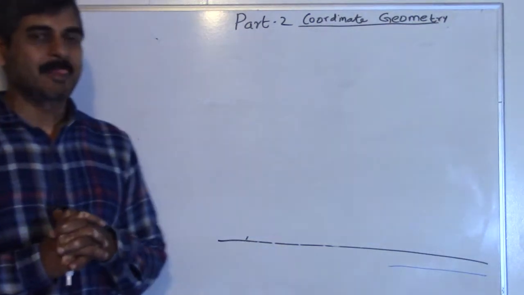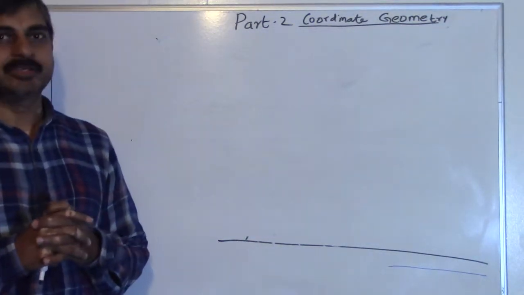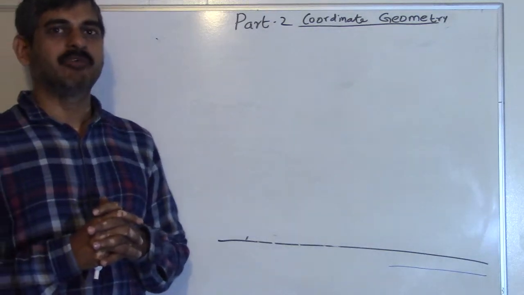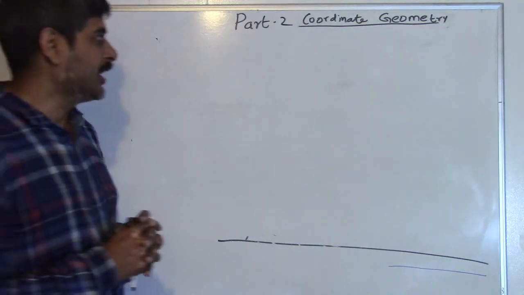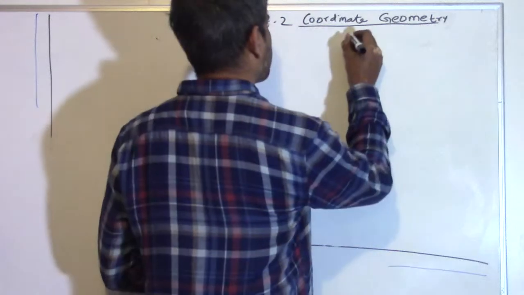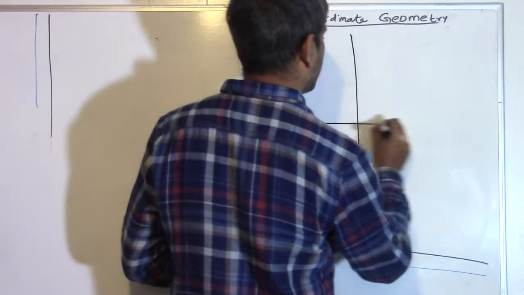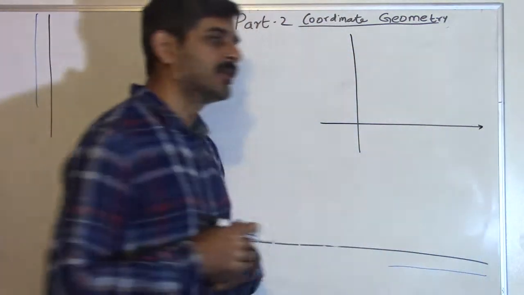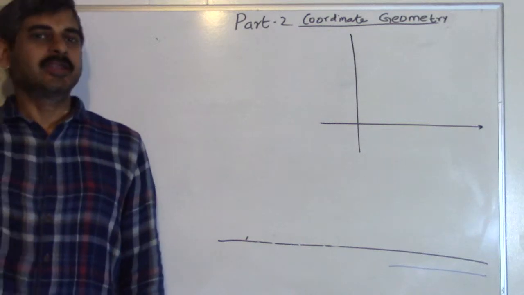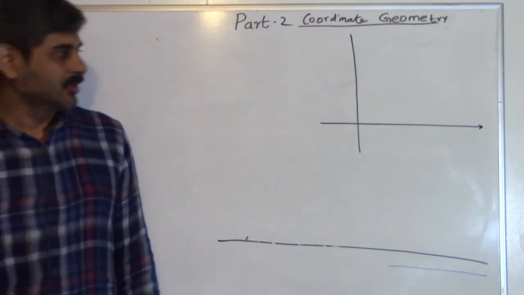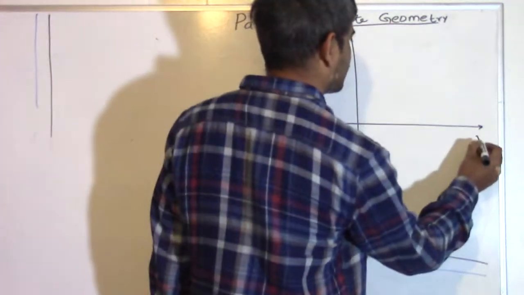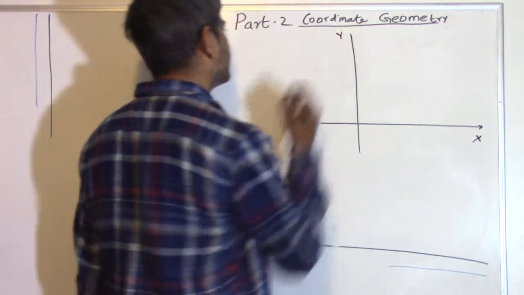So let's start with the formula for the area of any general triangle, and we will make use of some simple results we had in class 9th and 10th. So let's say this is an x-axis and y-axis.